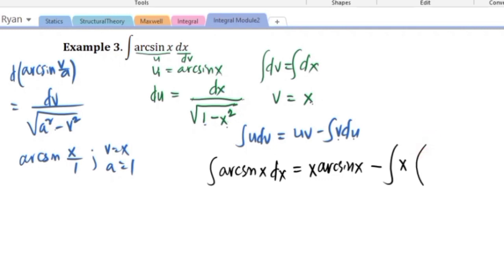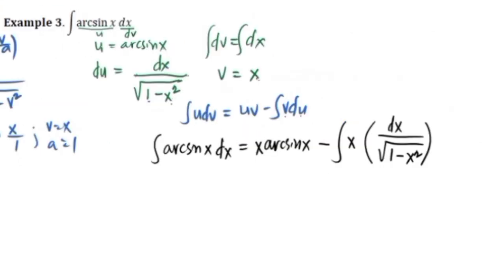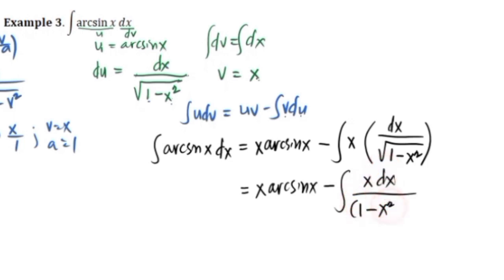So multiplied by dx over square root of 1 minus x squared. So simplifying this, we have x arc sine of x minus the integral of x dx over the square root of 1 minus x squared.